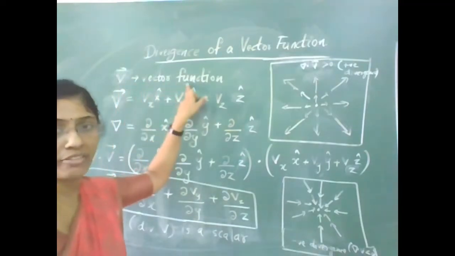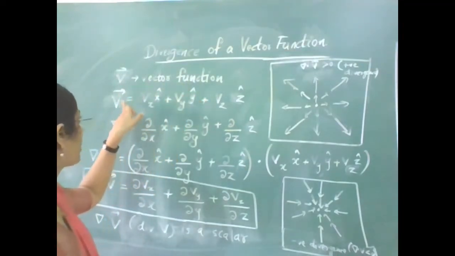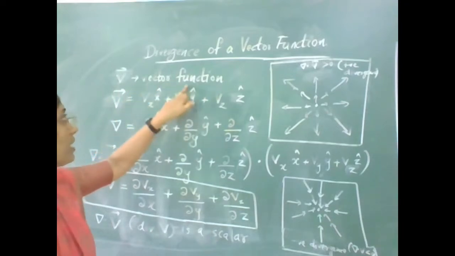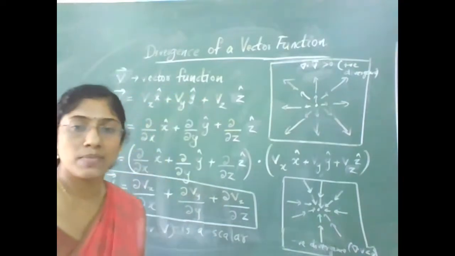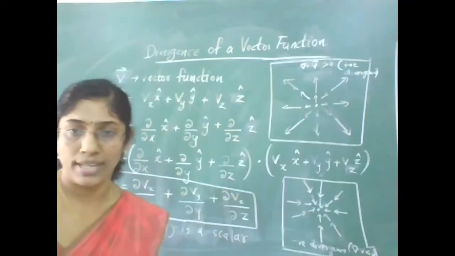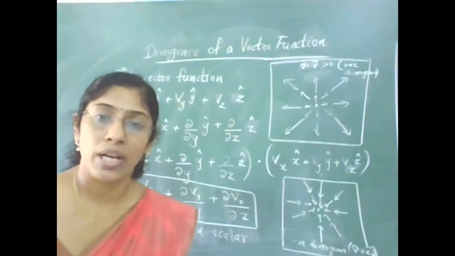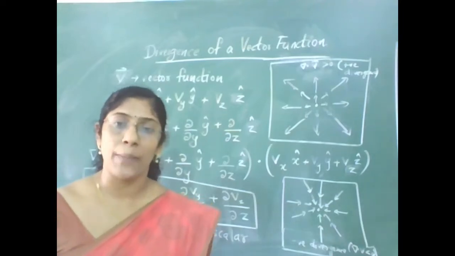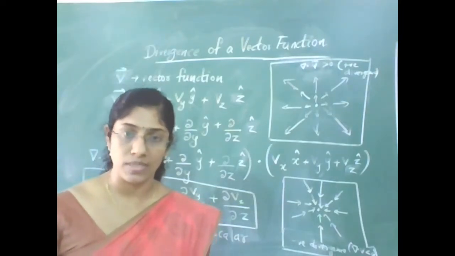Well, V is a vector function. We already studied that a vector can be expressed in terms of its components. We are using Cartesian coordinate systems. We will come across different types of coordinate systems in the first module.